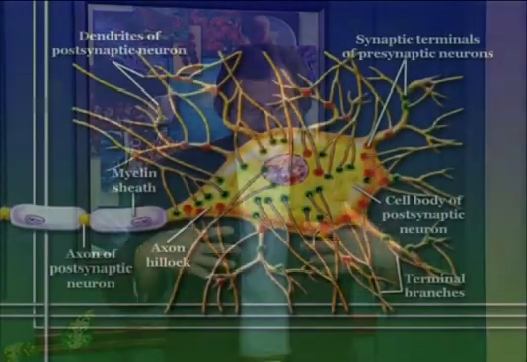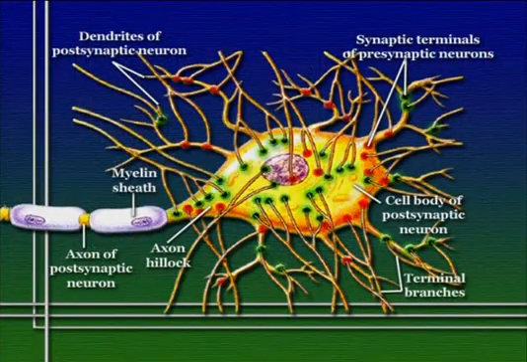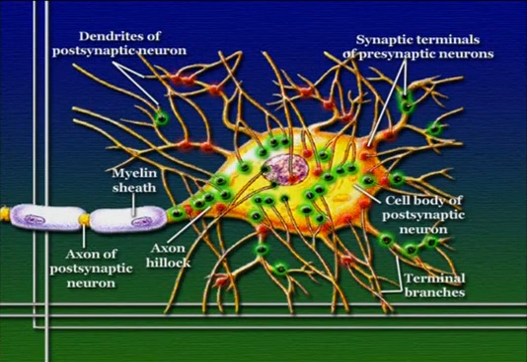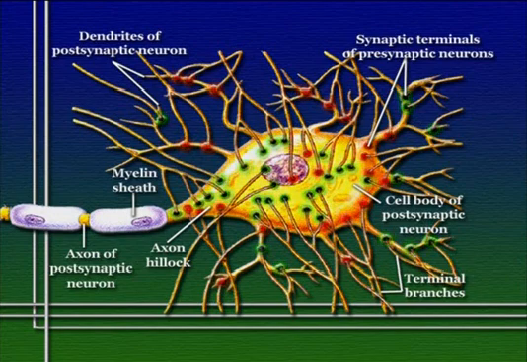Thus, at any one particular time, the membrane voltage of a single, what we might want to call an output neuron in some synaptic integration circuit, is being affected by many different inputs, some of which are excitatory, some of which are inhibitory, some of which fire at the same time, some of which fire at different times. So the question then is, how are all these different inputs integrated to determine whether or not that output cell will fire its own action potential?